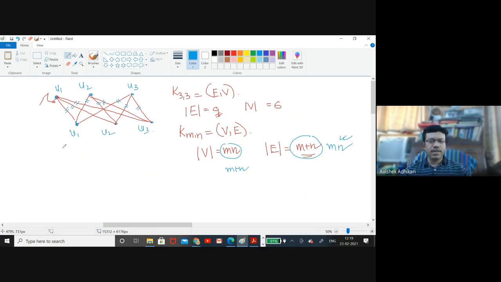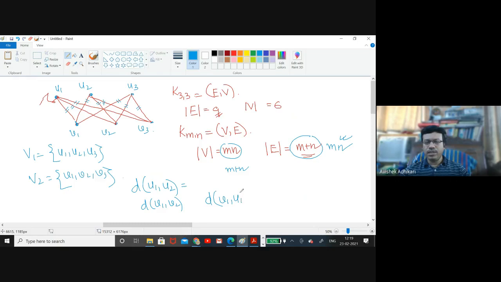Now here we have V1 consists of u1, u2, u3, and V2 consists of v1, v2, v3. Now tell me, here it might have two different types. What would be the distance between u1 and u2? And what would be the distance between v1 and v2? And what would be the distance between mixed v1 and say u1?